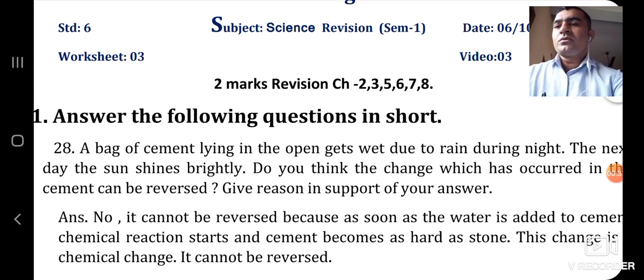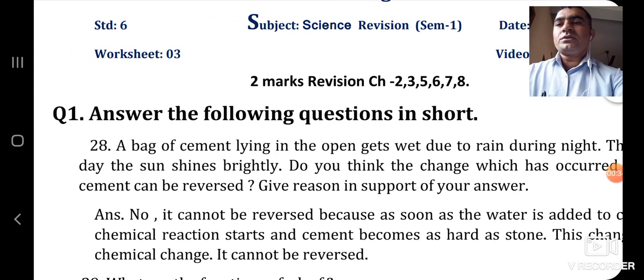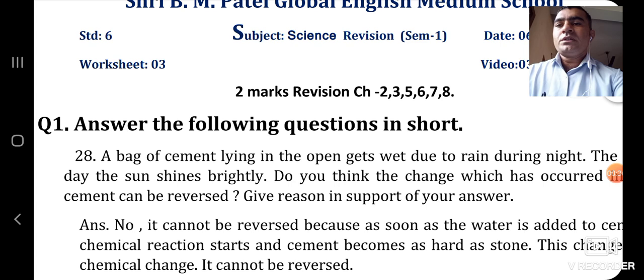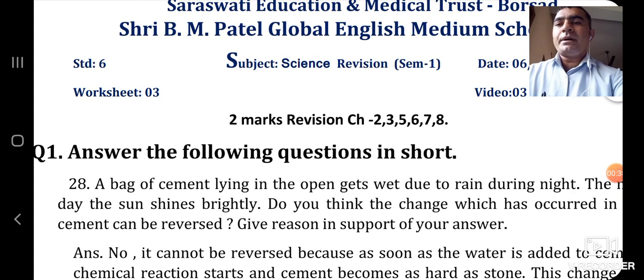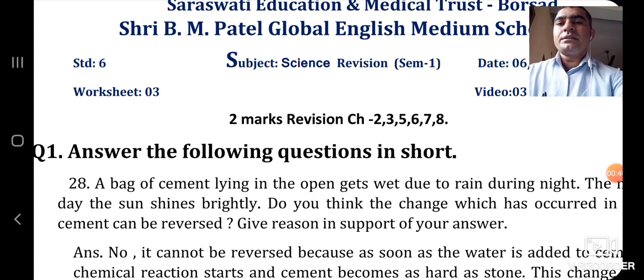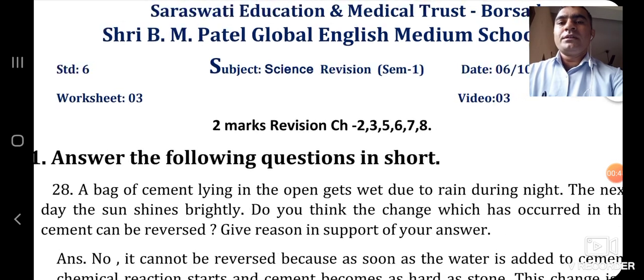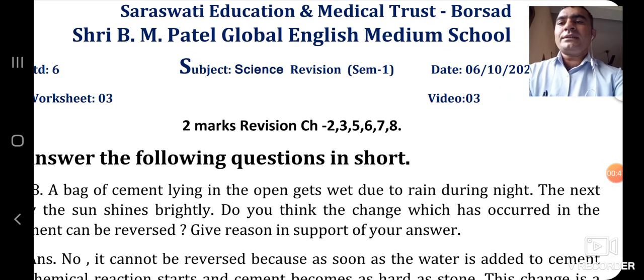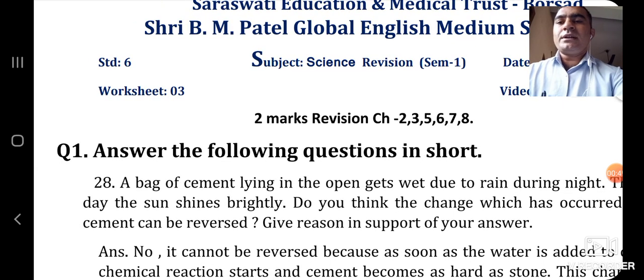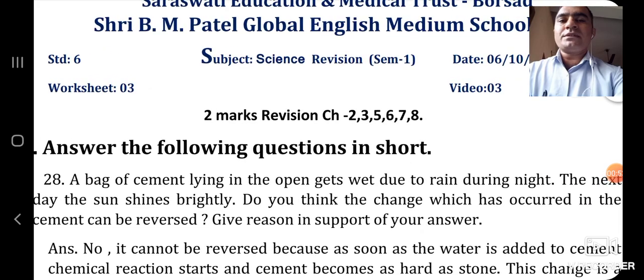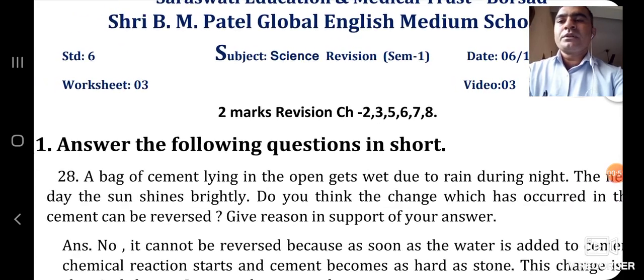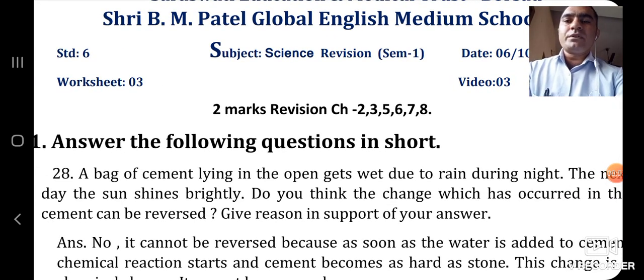Right now, in this revision today, the first question is: a bag of cement lying in the open gets wet due to rain at night. The next day, the sun shines brightly. Do you think the change which has occurred in the cement can be reversed?